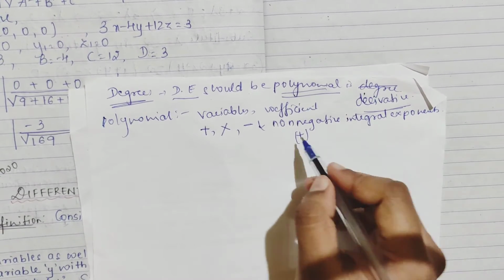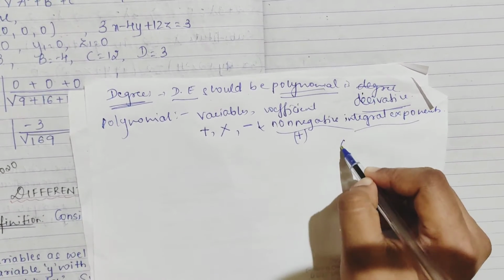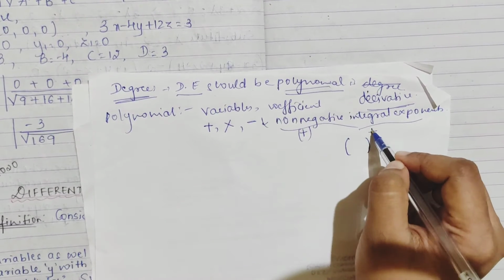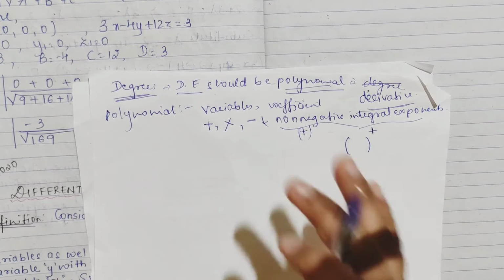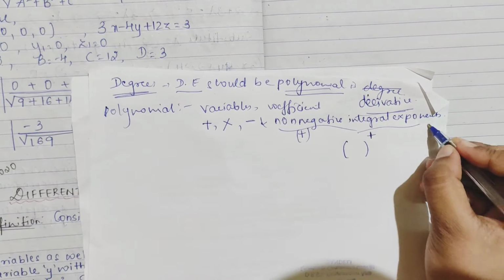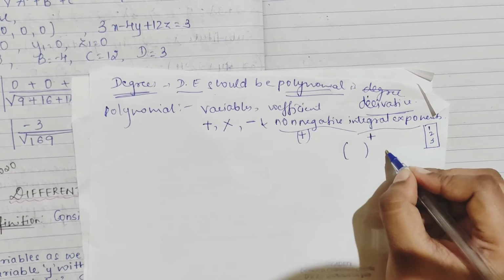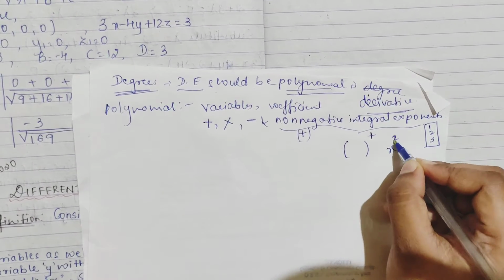Exponents means what? Raised to. Non-negative integral exponents, raised to. Integral means integer, whole integers like 1, 2, 3, positive integers only, like x raised to 1, 2, 3.